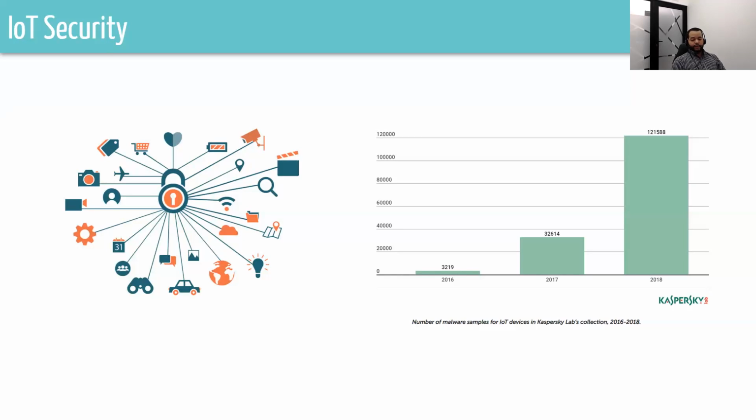By only accessing our cloud network range, the gateway appliance can access the devices on site and then create a secure tunnel between the gateway and the serverless cloud that we have on predictive premises. The number of malware samples for IoT devices has doubled each year according to Kaspersky's lab collection.